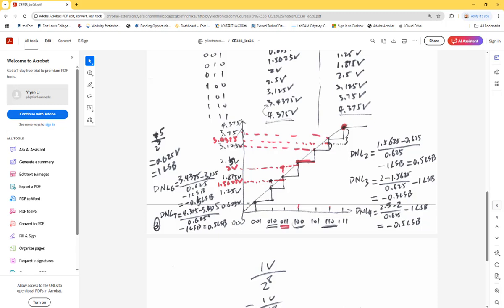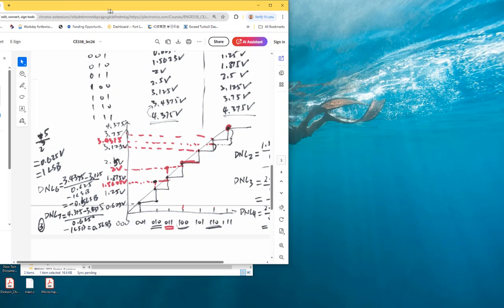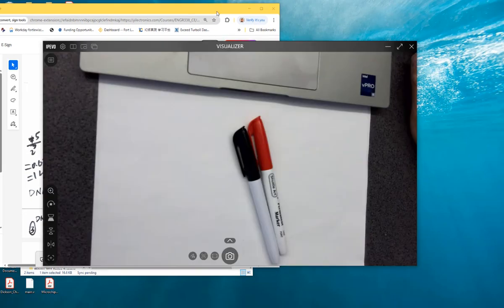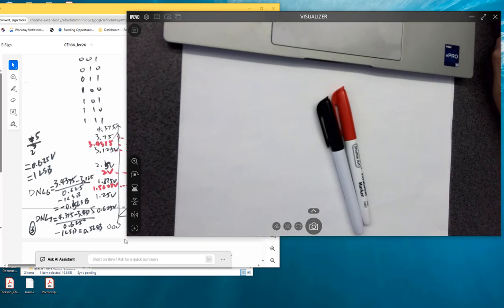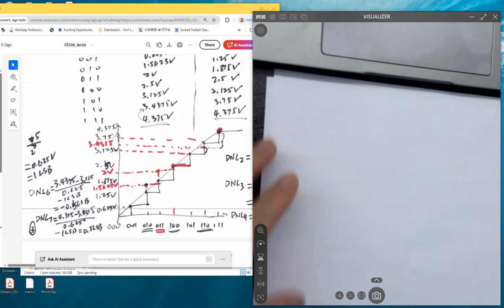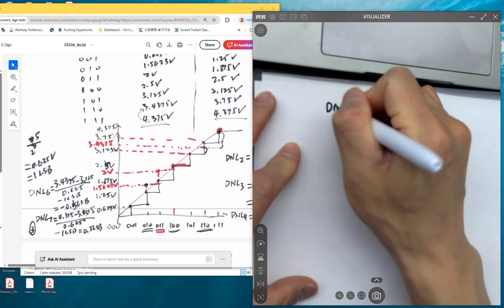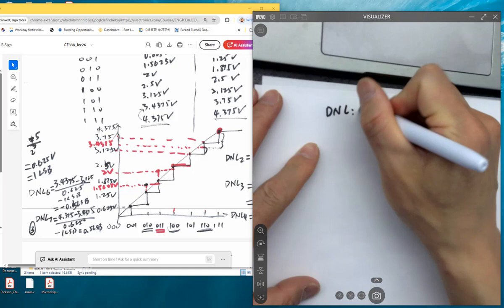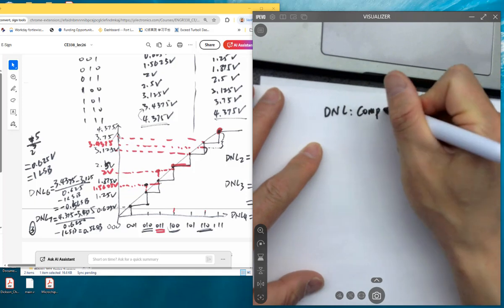So INL2 will be, let me put it on the paper probably. So DNL compares what? Comparing the size, right? Step size.